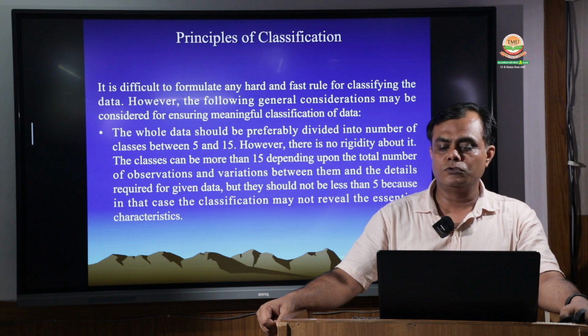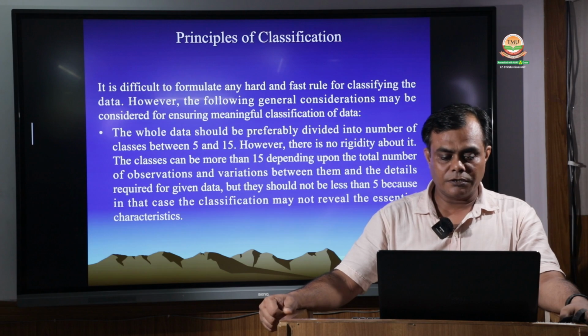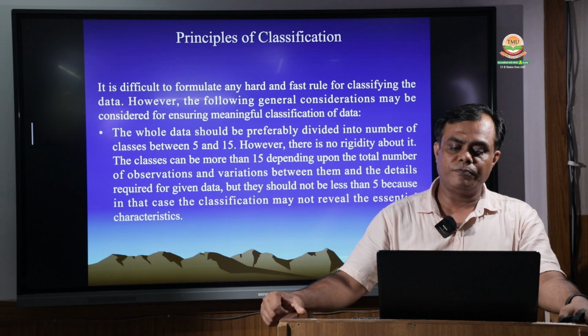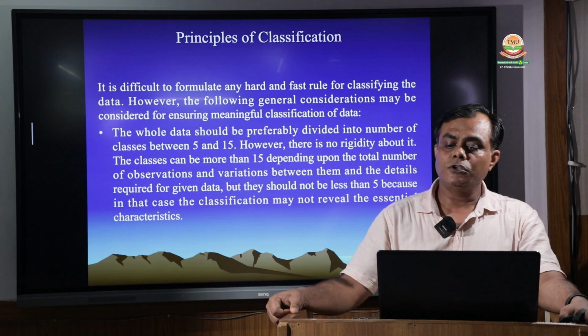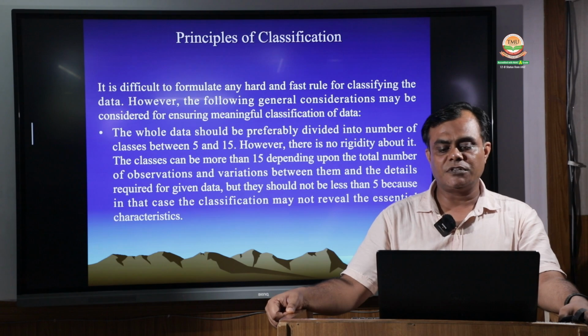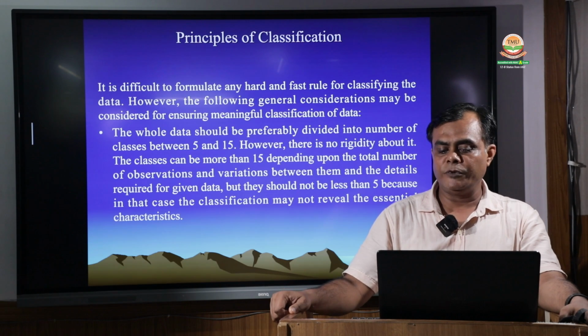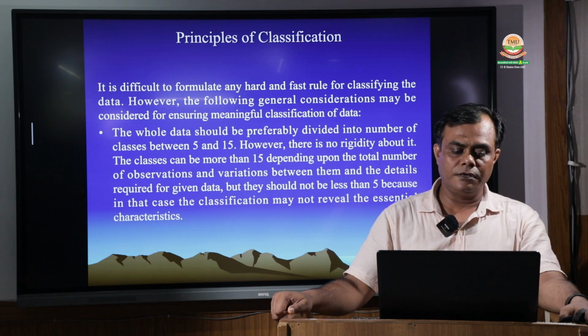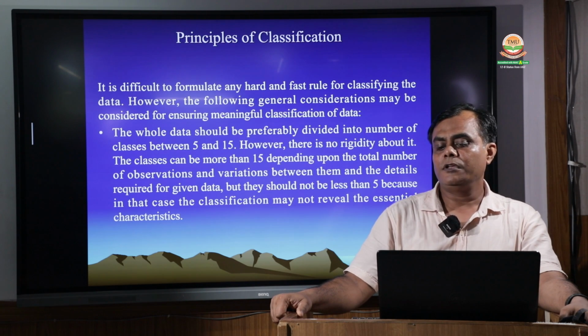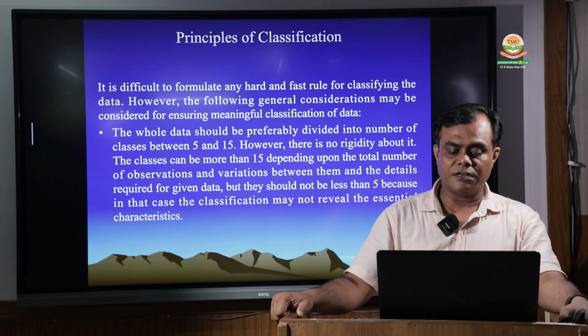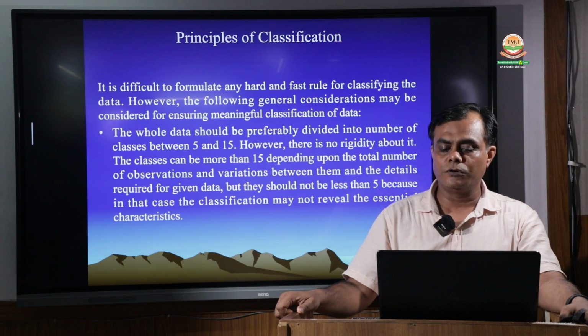However, there is nothing rigid about it. The classes can be more than 15 depending upon the total number of observations and the detailed requirement of the given data, but they should not be less than 5, because in that case the classification may not reveal the essential features.